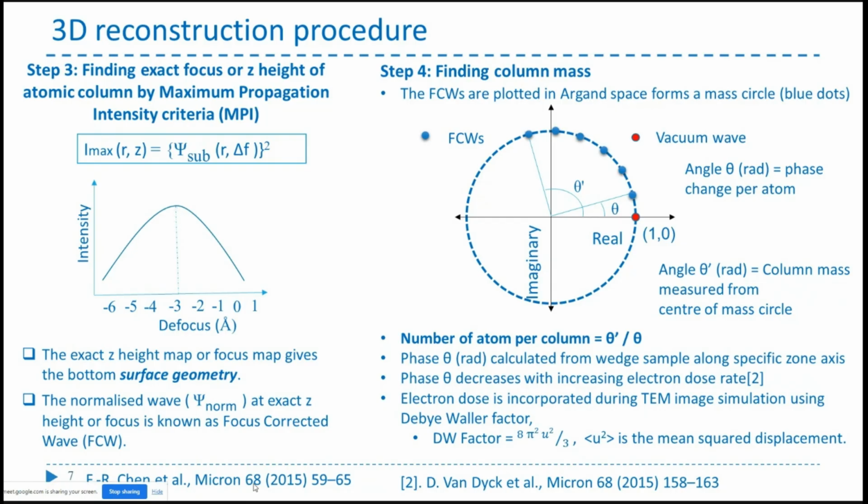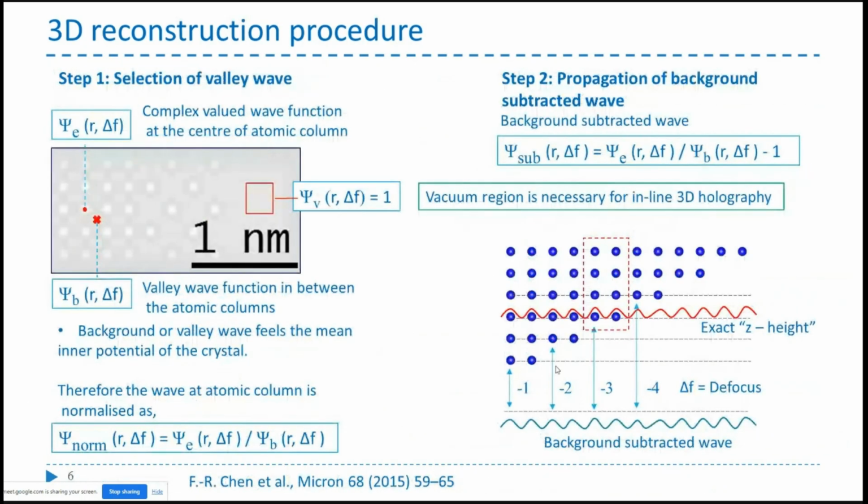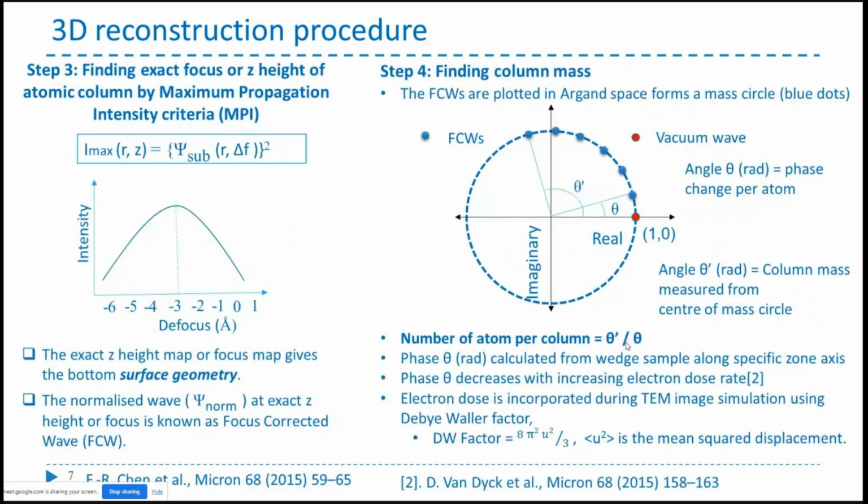So if you do this for each atomic column and get the exit phase wave, then you are getting the bottom surface geometry. Okay, so we got the bottom surface geometry.